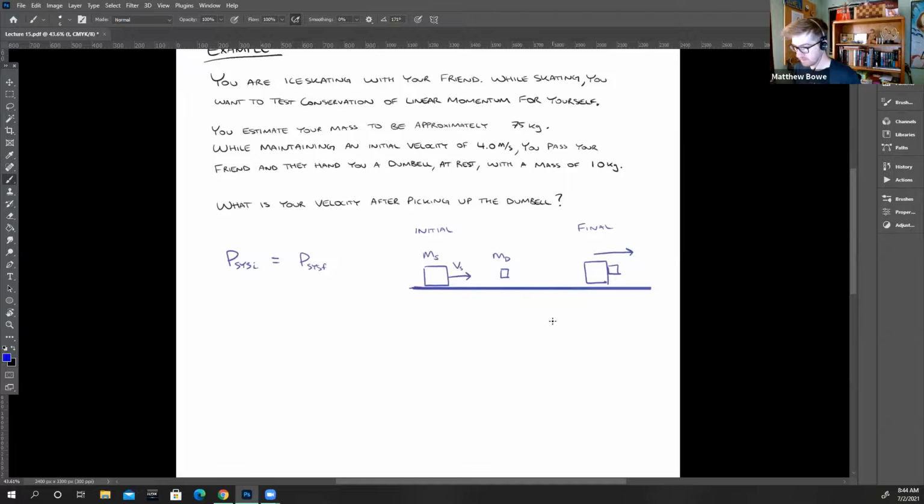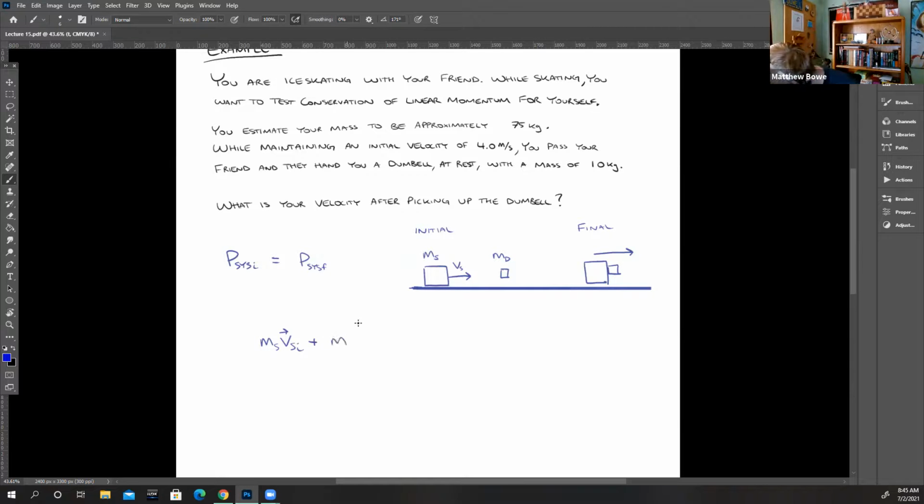All right, same sort of deal. I'm just going to take this equation and write it out in full to begin with, just the variables that I'm given. So we have the mass of the skater multiplied by the velocity of the skater, initial, adding, we're going to sum up all of the pieces of the momentum.